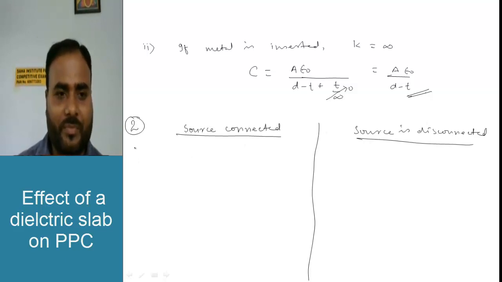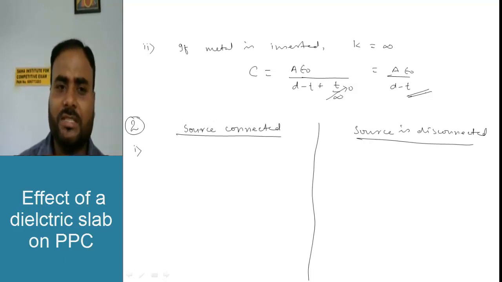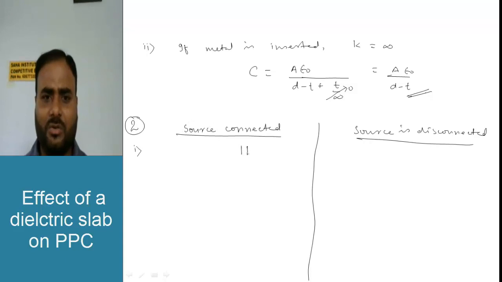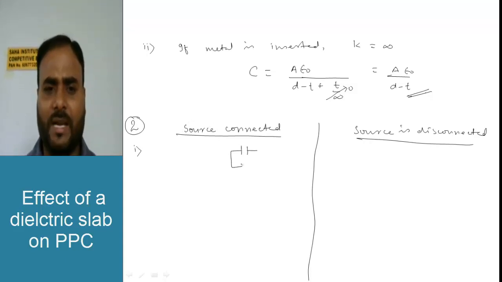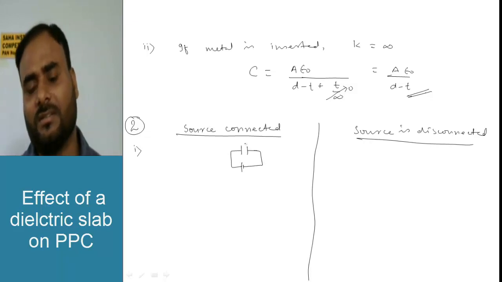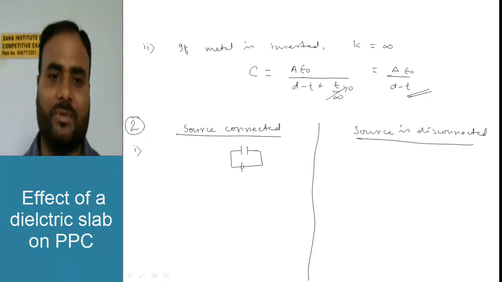So let us see. Remember one thing, whenever the source is connected, what is the work of the source? A source always helps in maintaining a constant PD across the load. Here the load is the capacitor.